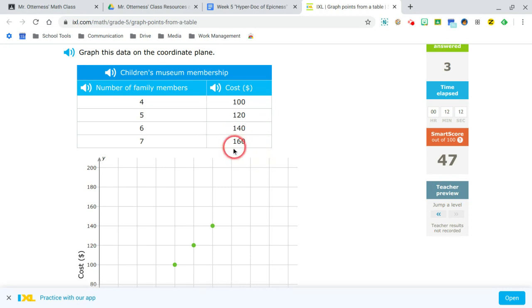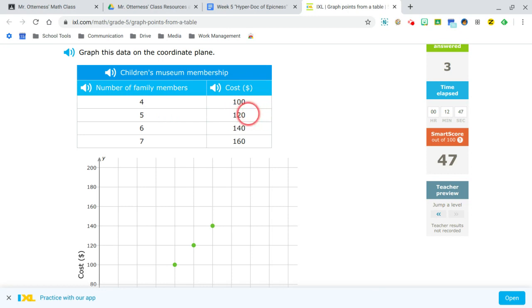But that doesn't mean that relationship was the same if we go back, right? If we could imagine going back, you would find that 100 divided by 4 would be $25. So in a family of 4, the cost is $25 per family member. That's not the case with this, right? 120 divided by 5 is not 25, right?